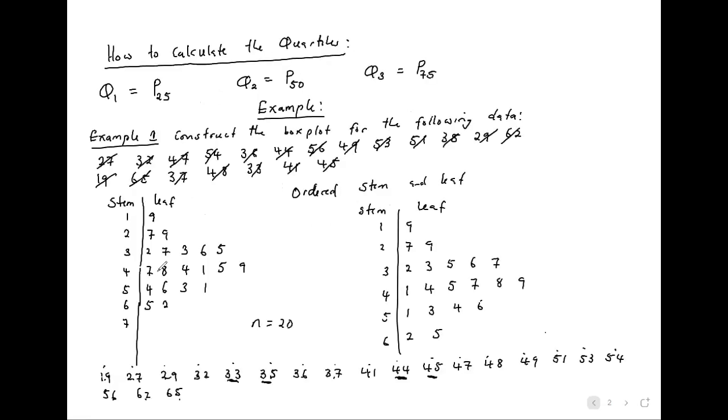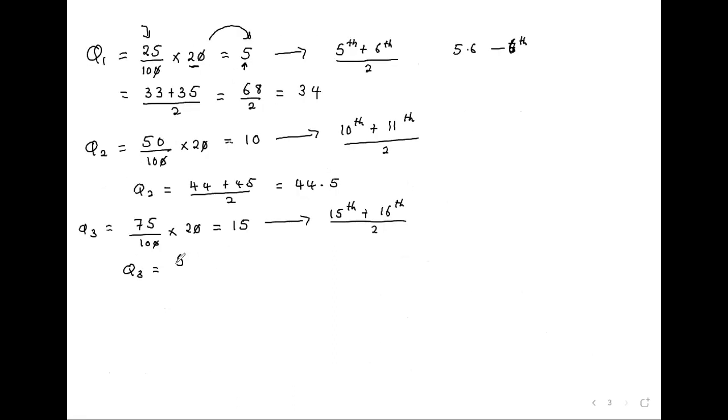We count, 1, 2, 3, 4, 5, 6, 7, 8, 9, 10, 11, 12, 13, 14, 15, and the 16th. So that is 51 plus 53 over 2. That is 104 divided by 2, that's 52 as our Q3.